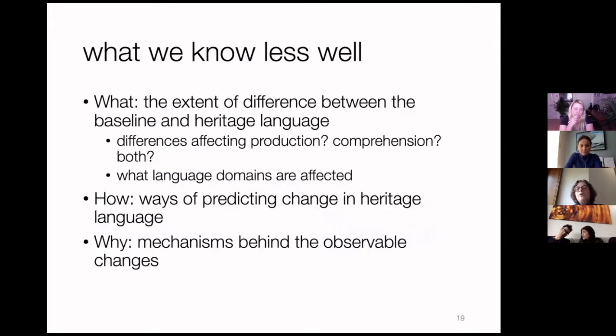So we know quite well that the differences exist. What we don't know as well is what exactly the differences are, how they distribute across production versus comprehension, what language domains are affected, and what we also need to learn is how to predict the change in heritage languages. And once we know the answers to those questions, what and how, we can actually address the bigger question, why, and that is what the mechanisms are behind the observable changes.